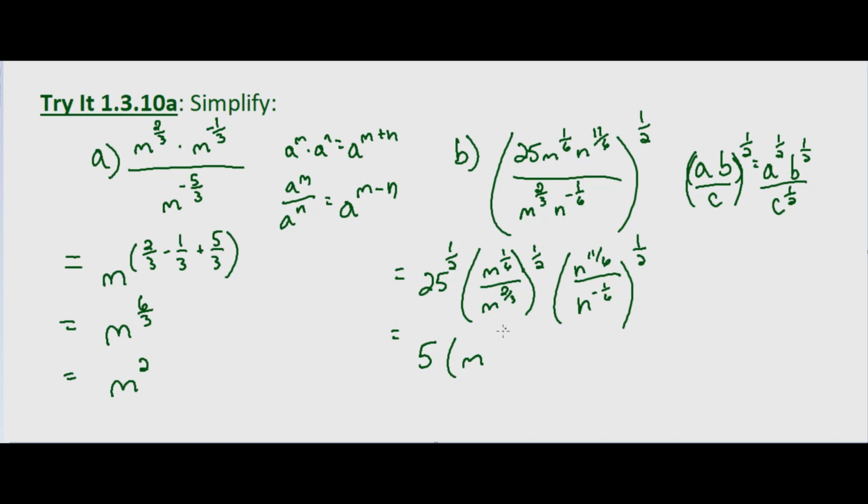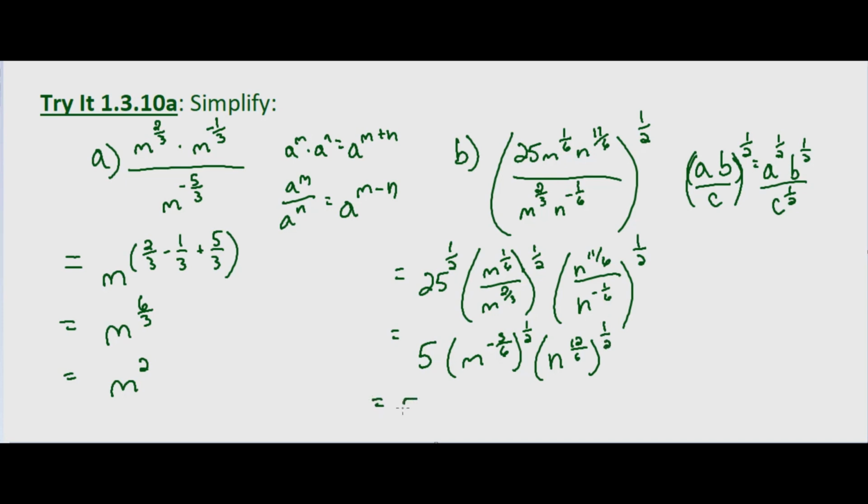And 1/6 minus 4/6 is just negative 3/6. That's still being taken to the power of 1/2. And then n to the 11/6 minus negative 1/6. So that's plus 1/6. So 11 plus 1, that ends up being 12/6. That's still to the power of 1/2.